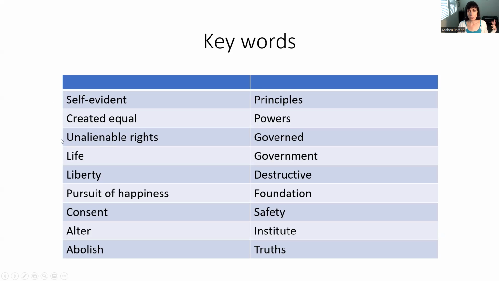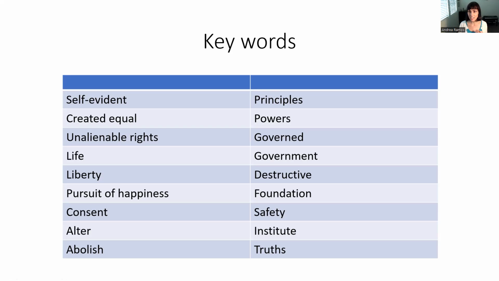And because our Creator gave to us, he endowed us with unalienable rights. And these unalienable rights endowed to us by our Creator are things that nobody can take away from us.